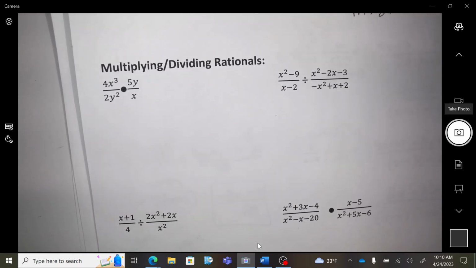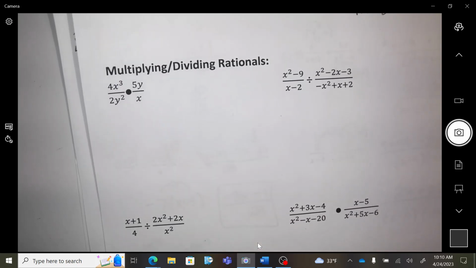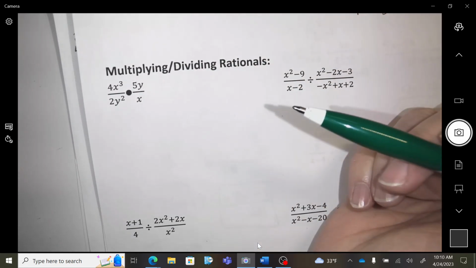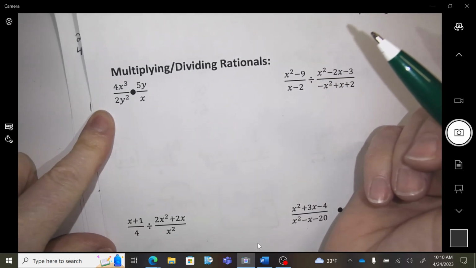Okay, so dividing and multiplying. When you're multiplying, you're trying to look for factors or multipliers that can cancel with dividers. First of all, I'm going to look at the coefficients. I can cancel a 2 out.